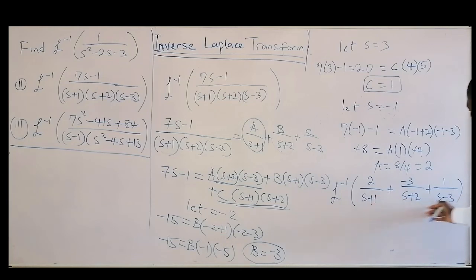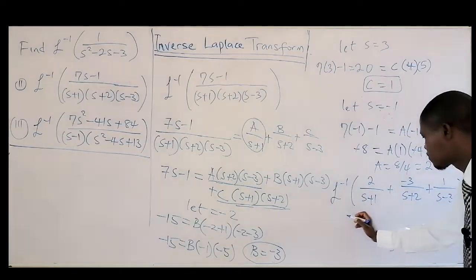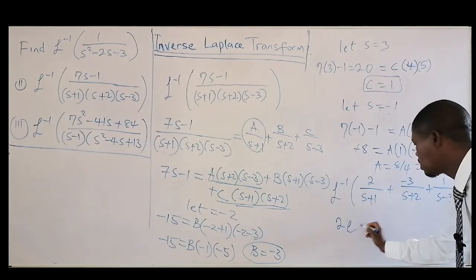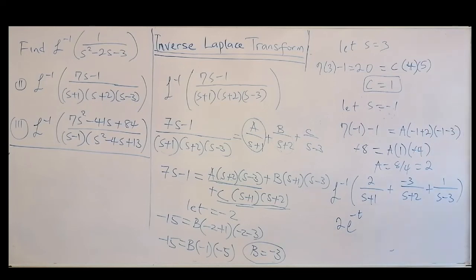And the inverse of these fractions will be equal to what? That will be equal to 2 e to the minus t here. This one, minus 3 can be outside, minus 3 inverse of what? e to the minus 2t. And the last one will be plus e^3t. So that's that on that question.